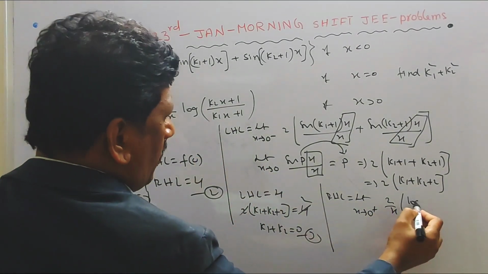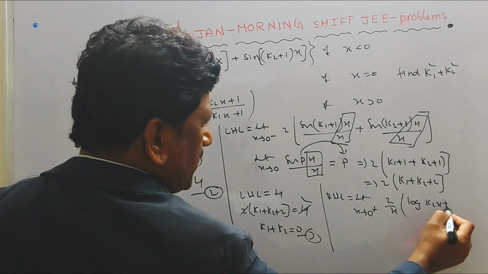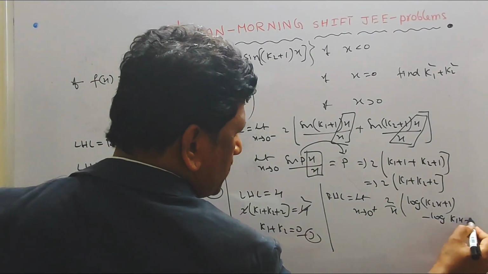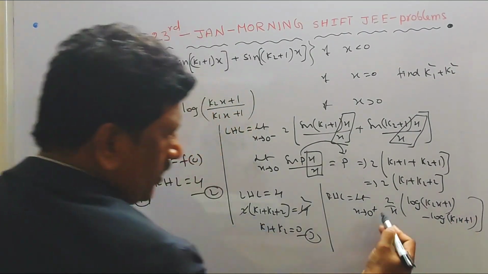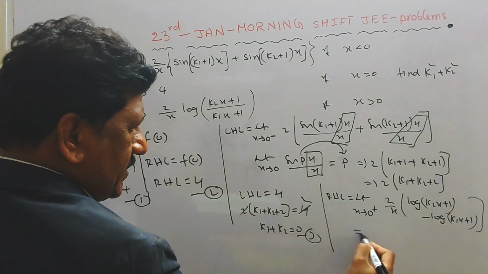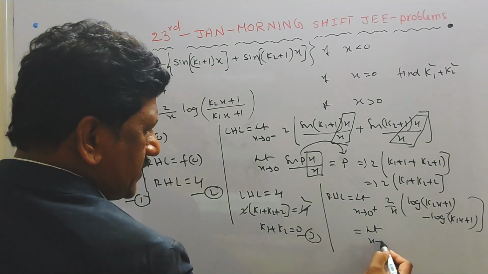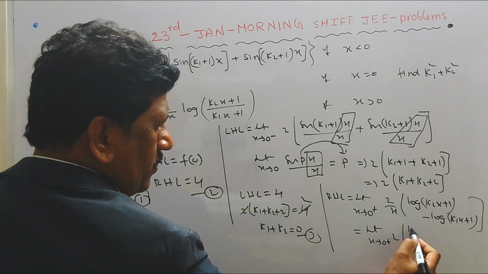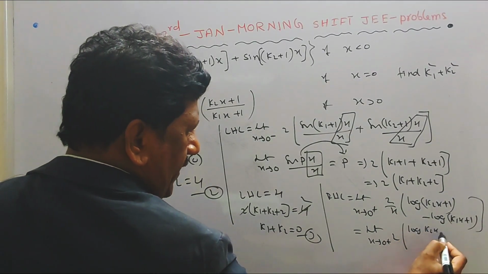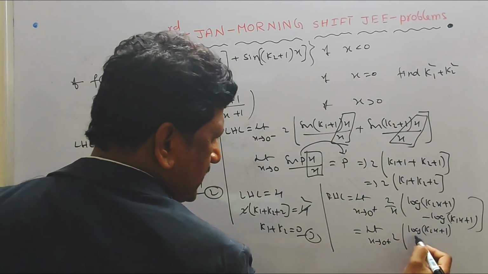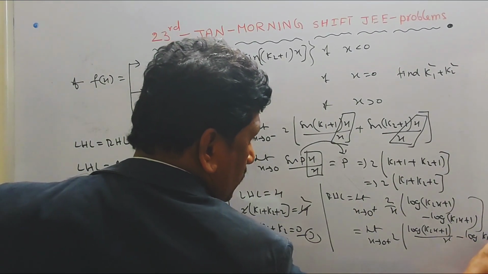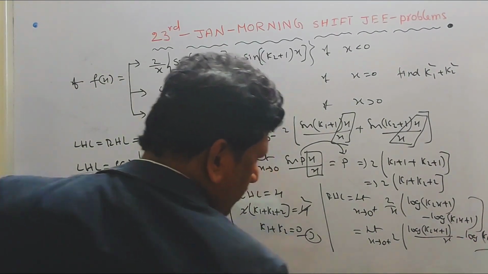That is log of (k2x plus 1) minus log of (k1x plus 1). Send the x inside, you will get log of (k2x plus 1) by x minus log of (k1x plus 1) by x.